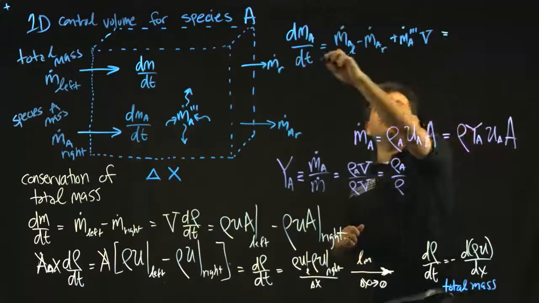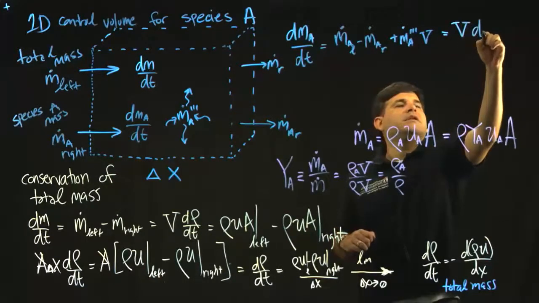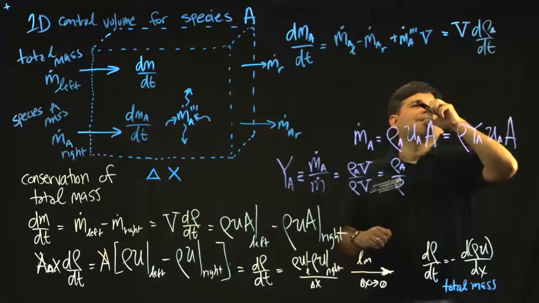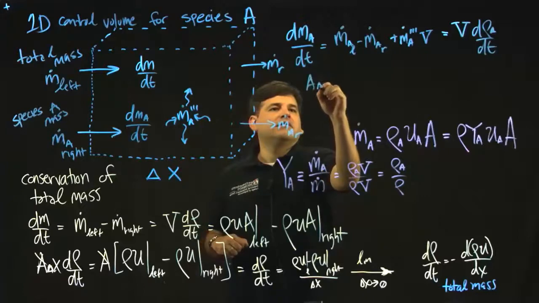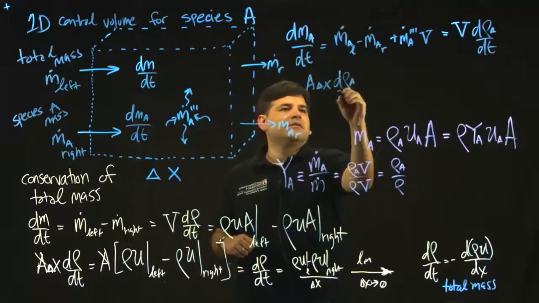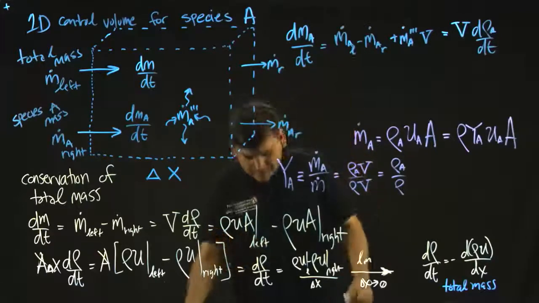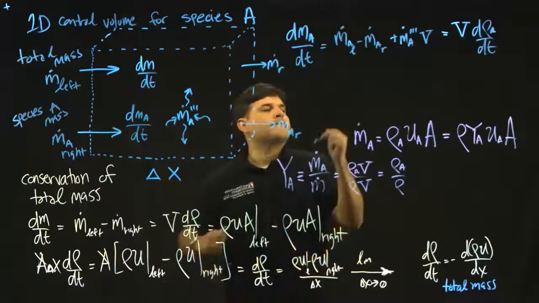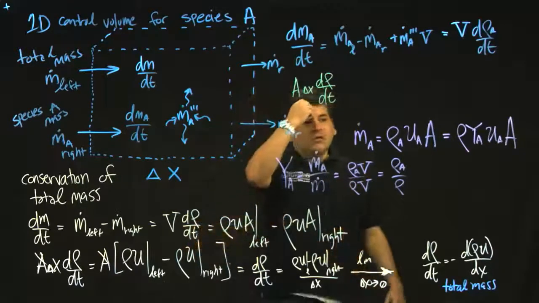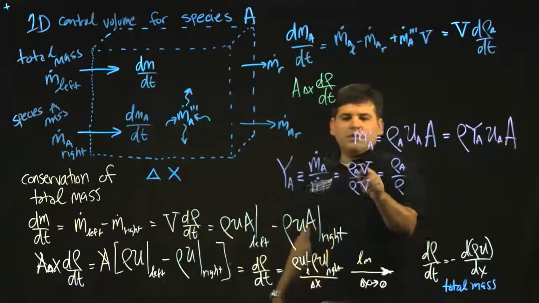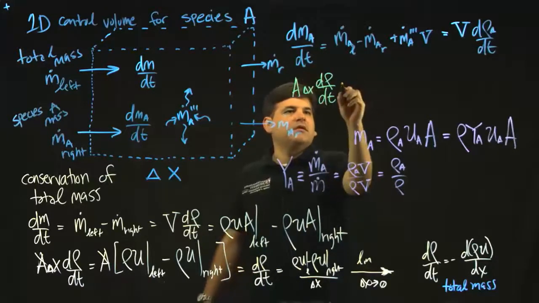So this would equal, going from this term, the total volume times the dA dt, and then converting the volume to area times delta x. So this is meter cubed, this is mass per meter cubed per second times the volume, and then use these here.